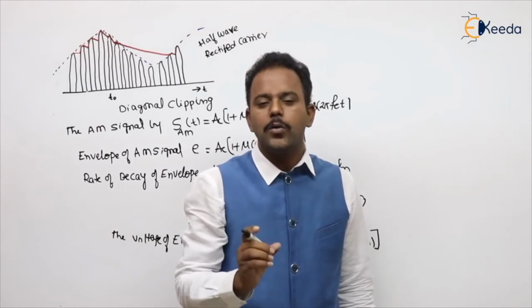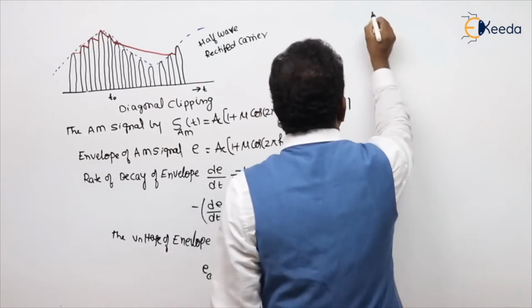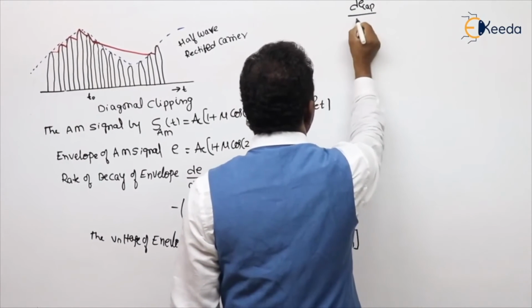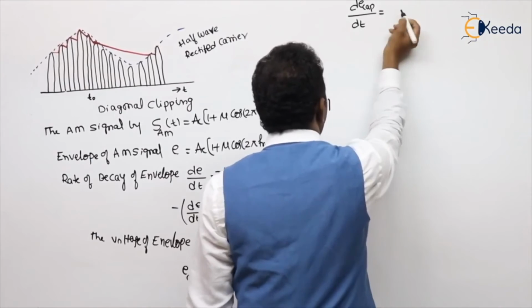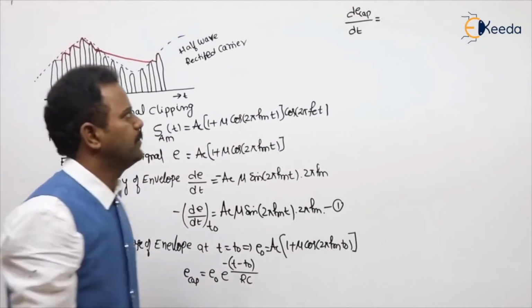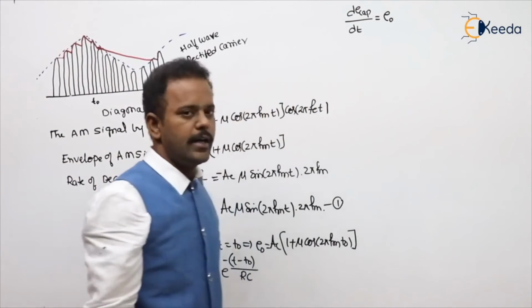How to calculate the discharging rate of a capacitor? Differentiate. So dE cap by dt equals the derivative, where E naught is a constant value, because the value of the voltage at t equal to t naught is written outside.